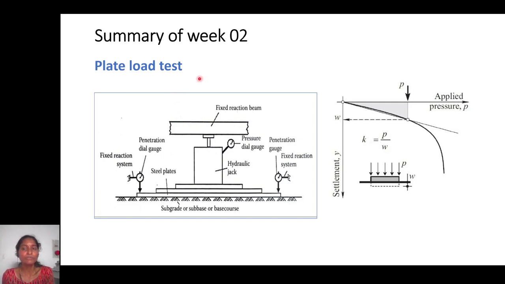And when it comes to the plate load test, this is one of the field tests where we have a standard plate which is placed on the subgrade, and a dial gauge is attached to it. Using the hydraulic jack, we will be applying the load and determining the change in deflection. Here there is a pressure gauge. When this plate undergoes a deformation of, let us say, 1.25 mm, what is the corresponding pressure?